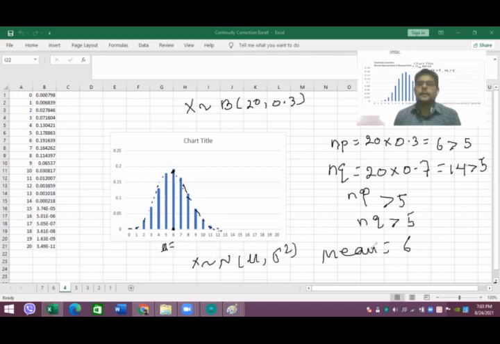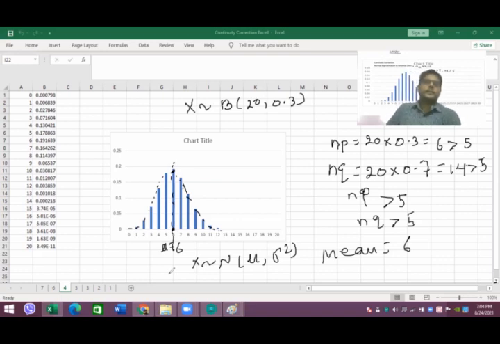The mean of the binomial distribution is 6, and about this mean position the curve is very close to symmetrical about the line passing through it, analogous to the normal curve. That means when the binomial distribution fits the situation of the normal distribution, we can approximate the binomial distribution by using the normal approximation. So here it is 6.